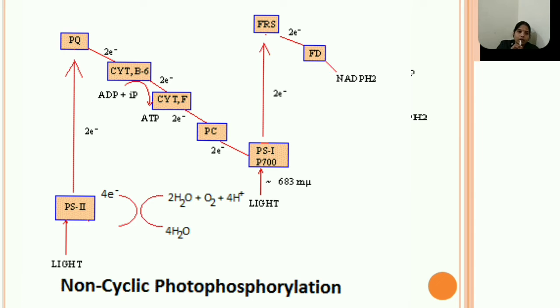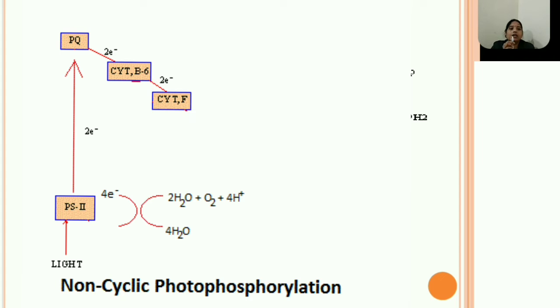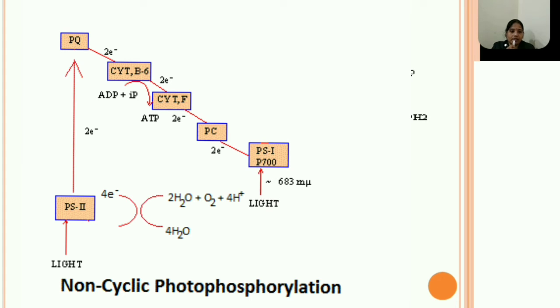Electrons are transferred to plastoquinone, PQ. From plastoquinone, the electron is transferred to the cytochrome complex, meaning cytochrome b and cytochrome f. From the cytochrome complex, the electron is transferred to PC, plastocyanin.